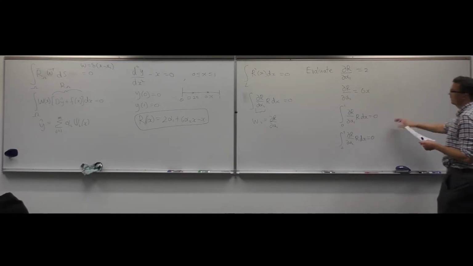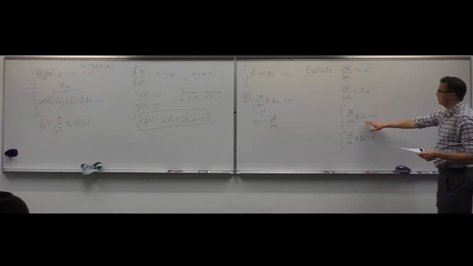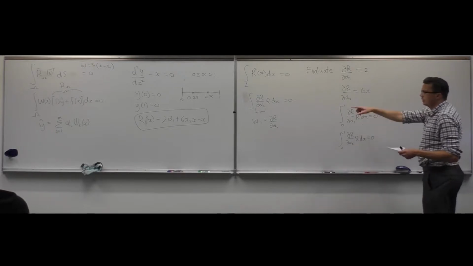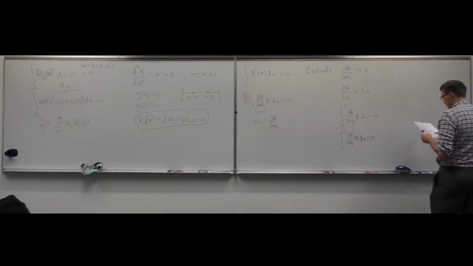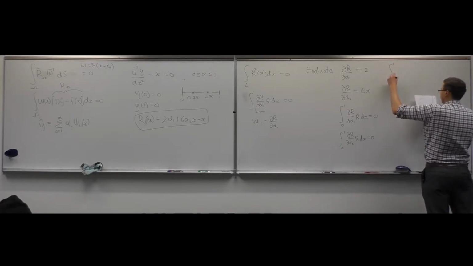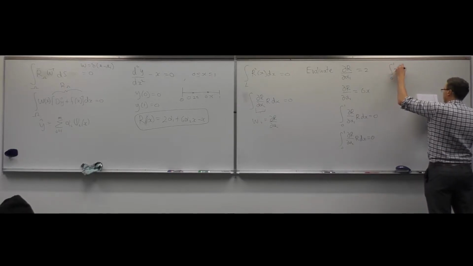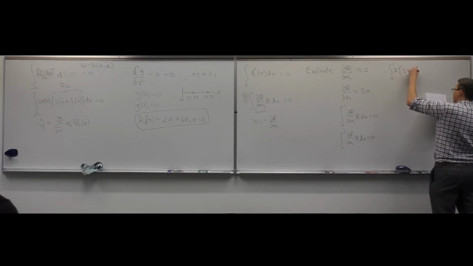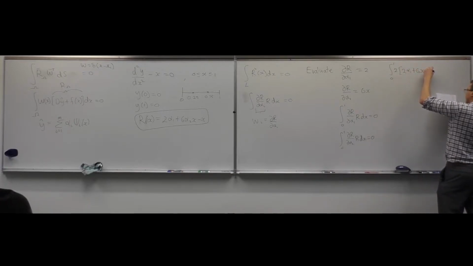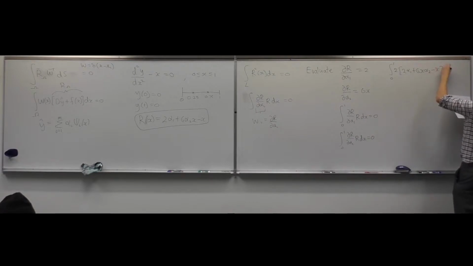So then we can substitute the residual equation into these two equations, and we get out 2 times 2 alpha 1 plus 6x alpha 2 minus x dx, and that has to be equal to 0. If we solve that, we get 4 alpha 1 plus 6 alpha 2 minus 1.